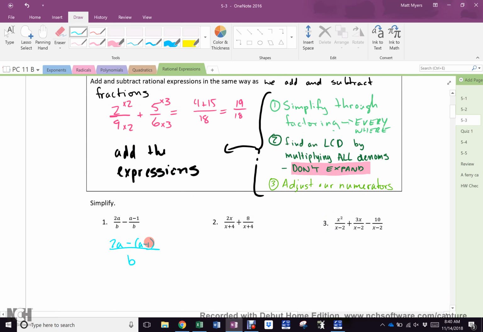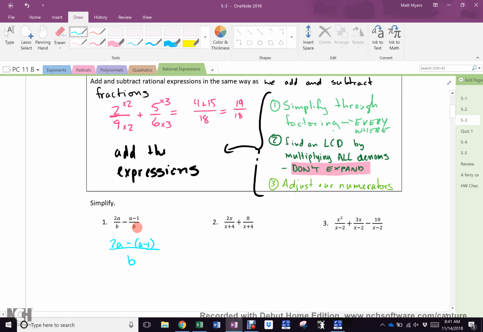Why did I put brackets around a minus 1? Because there's no brackets there, so why would I put those brackets there? Right. Because with 2a, I am subtracting that whole binomial, yes?